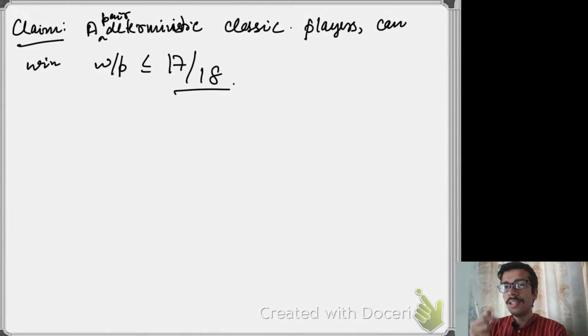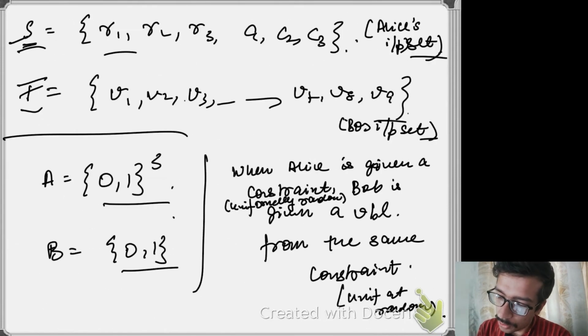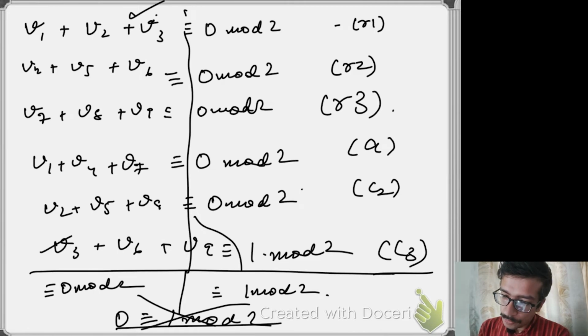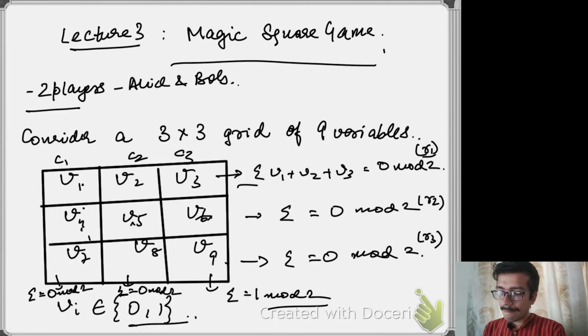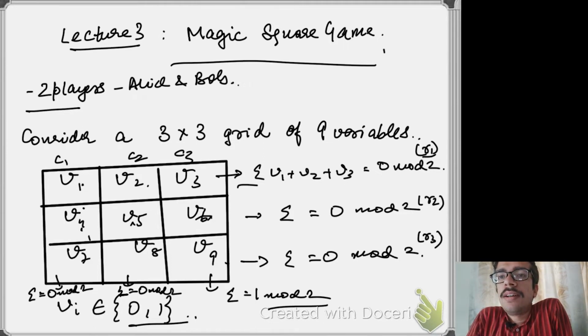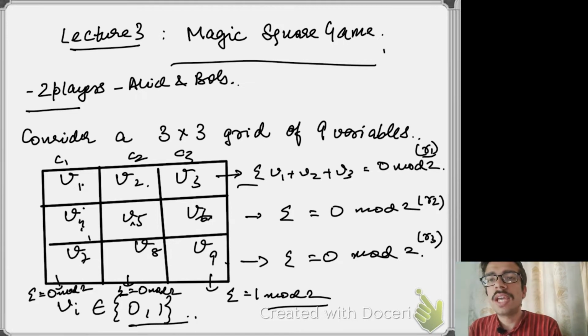So there is one classical strategy which can win with probability 17 by 18, which is as follows: consider an assignment of these variables as being all zeros. Now what Alice is going to do is that given a row or a column, she'll just say that all these variables are 0, and Bob, when given an input, will also say that the given variable is 0. So here they'll always be consistent.